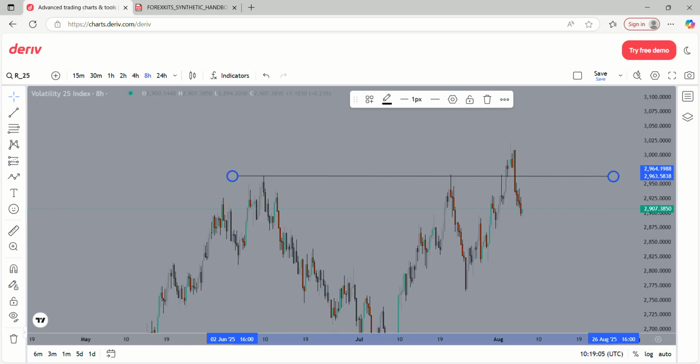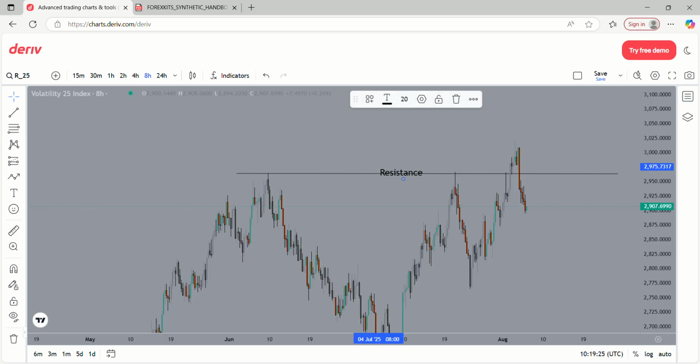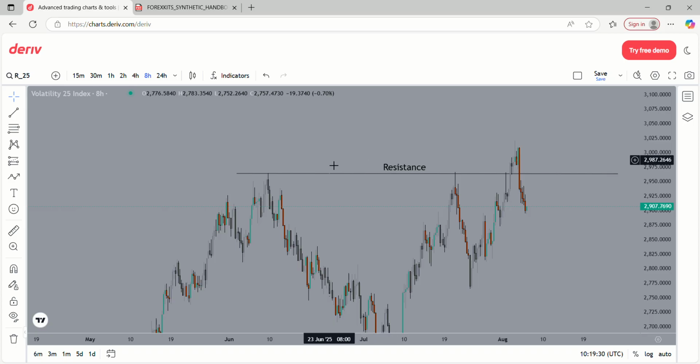You can see as market is, let me name it resistance. So as you can see, as market is getting to this resistance point, it is bouncing back. Price is unable to move past this area.